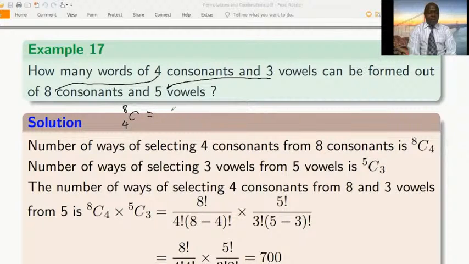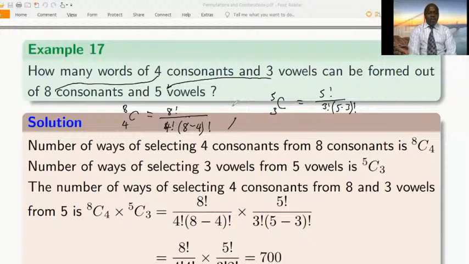So this will be 8 factorial divided by 4 factorial times 8 minus 4 factorial. And what about for the vowels? We have 5 vowels, and we want to group 3 at a time. So this will be 5 factorial over 3 factorial times 5 minus 3 factorial. So these are the number of groups you can have.